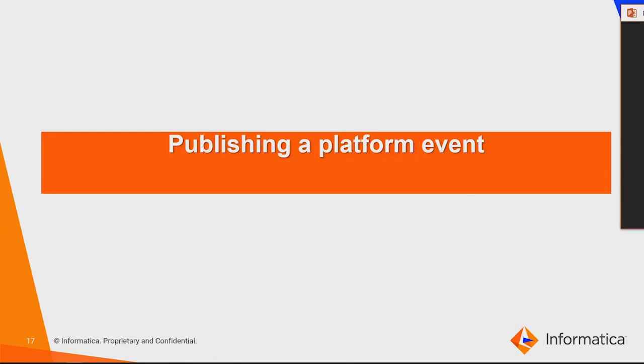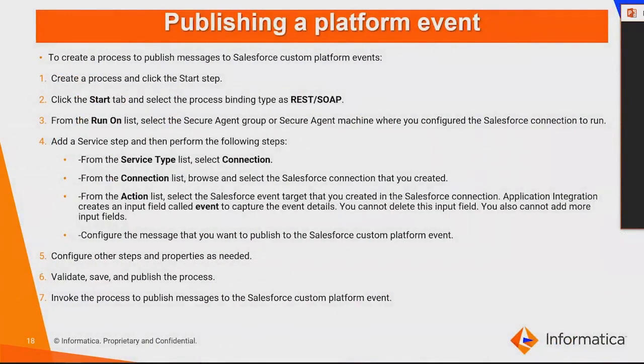Now let us look at how one would publish a platform event to Salesforce. In order to publish a platform event in Salesforce, there are two mechanisms. The first mechanism is you need to create an event target in the connection with the appropriate platform event configuration, and then use that particular connection in the process using a service connector step by selecting the appropriate connection and event target within the process.